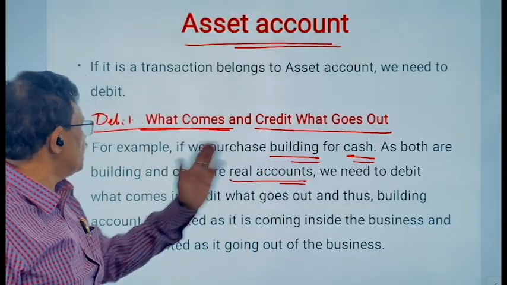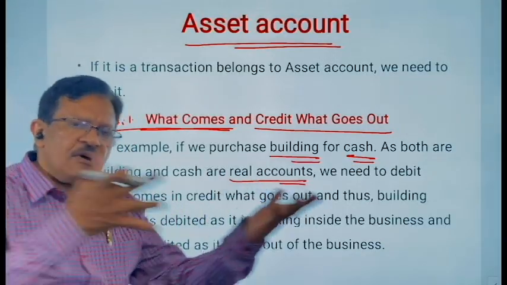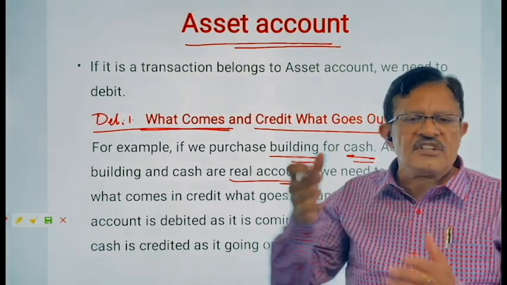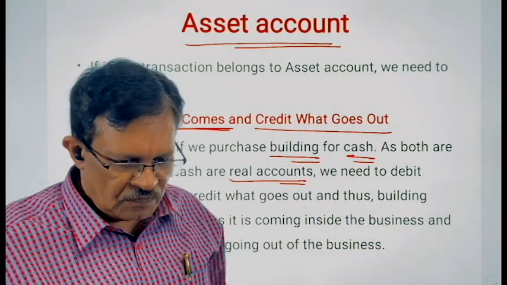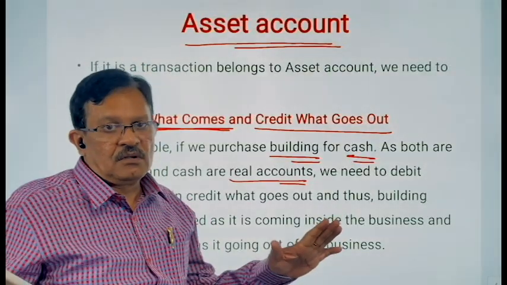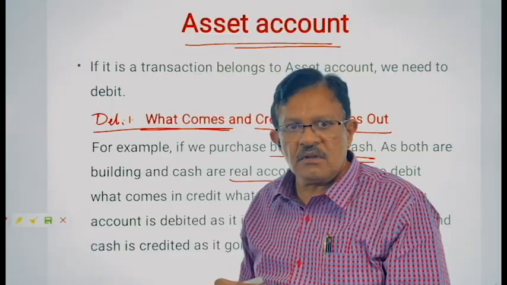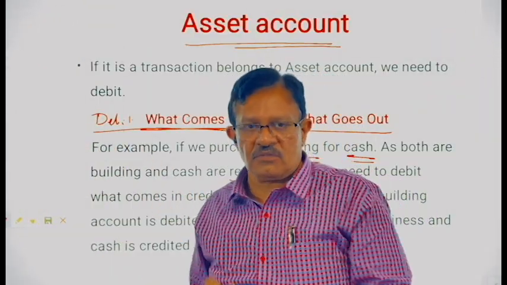What is coming in? When you are purchasing a building, building is coming in. So debit the building account. And what is going out? Cash is going out. So we are going to credit that particular account. This is as simple. Whenever we are receiving an asset, we are going to debit the account. Whenever something is going out, we are going to credit that account.